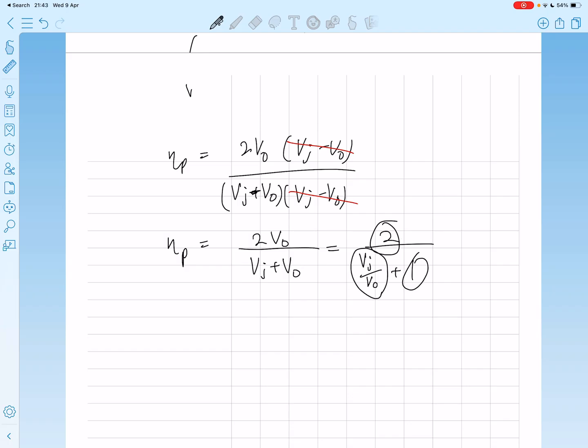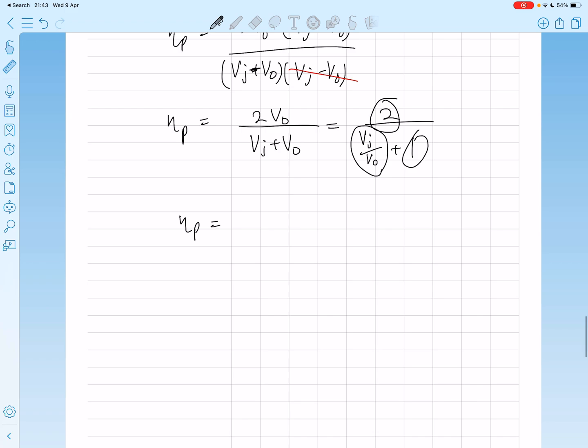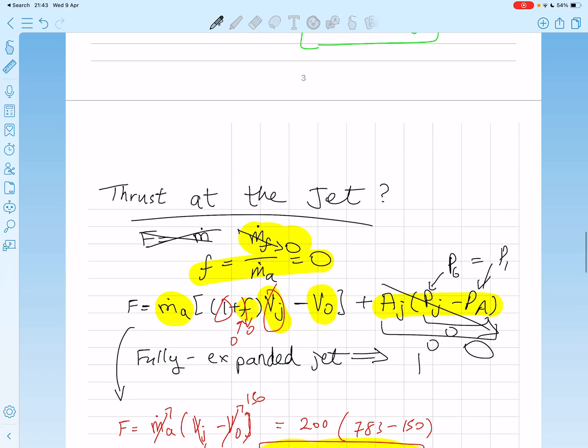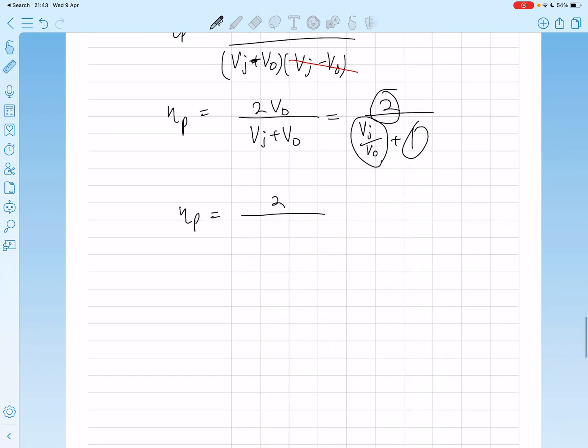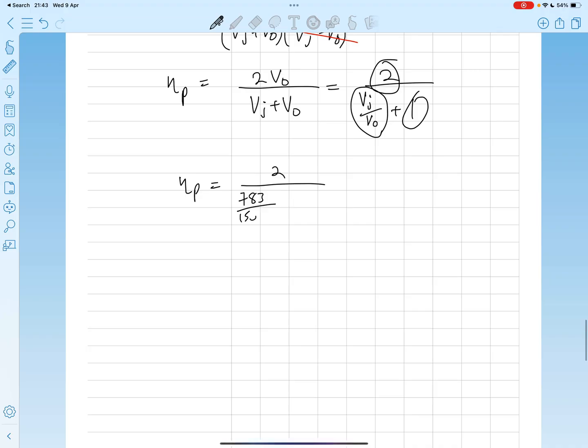Now, we have every term here. These two are constants. So eta P comes out as, when you plug everything in, VJ was 783, VO was 150 in the question, plus 1. That comes out as 0.322, which is 32.2% efficiency.